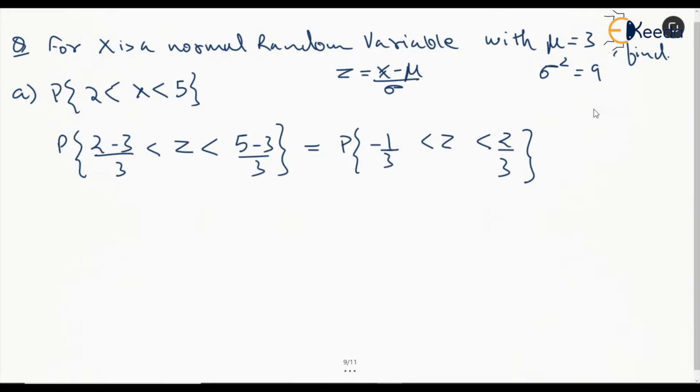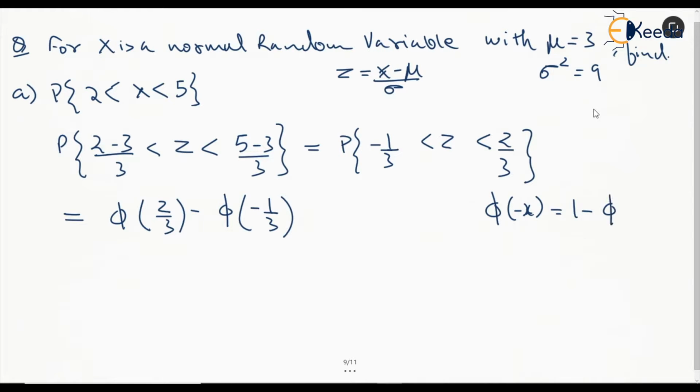Fine. Now we know that this is going to be nothing but phi of 2 by 3 minus phi of minus 1 by 3. And we have studied that phi of minus x is given by 1 minus phi of x. We have seen this in the previous question also.